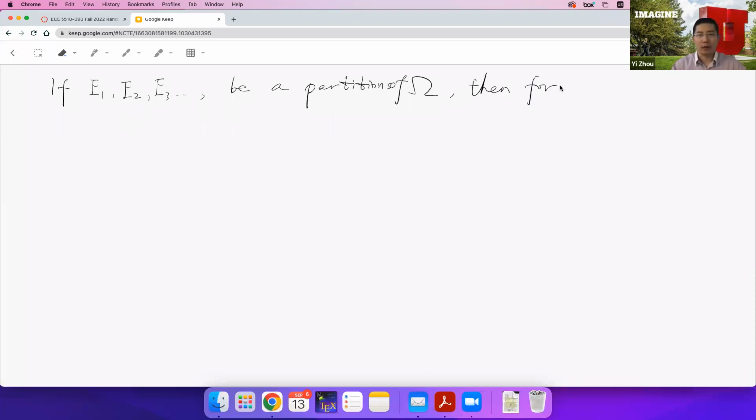Then for any event A, we have this partition lemma.